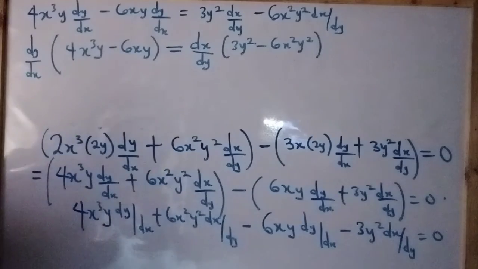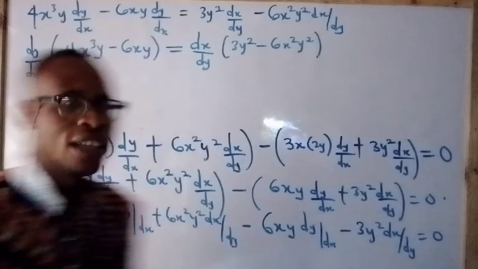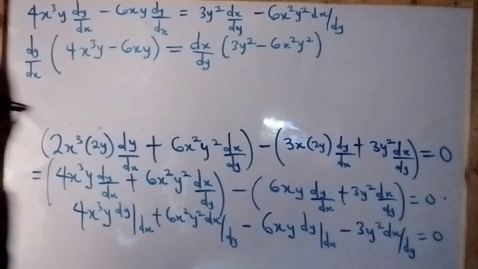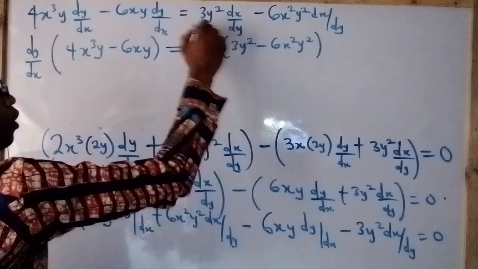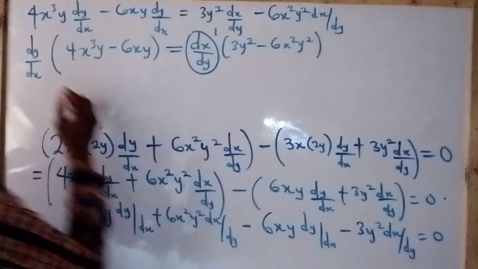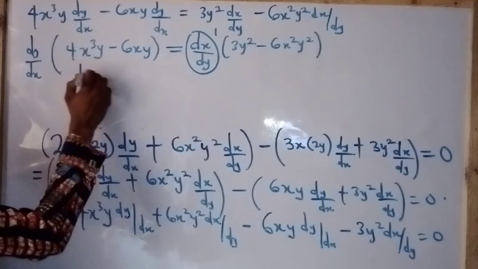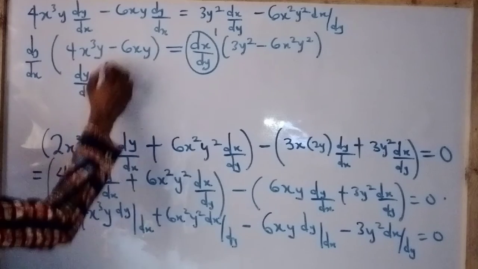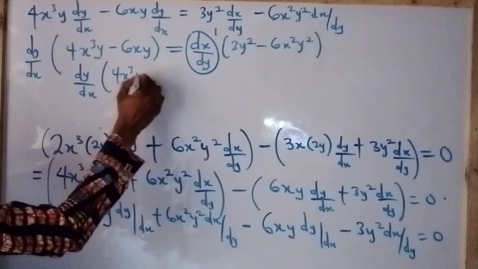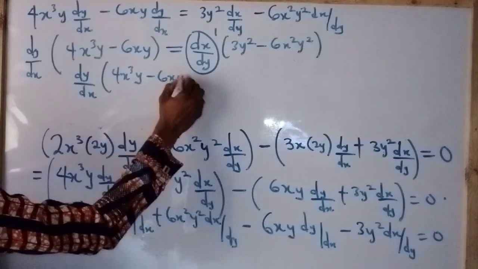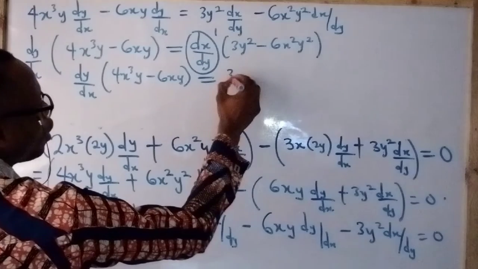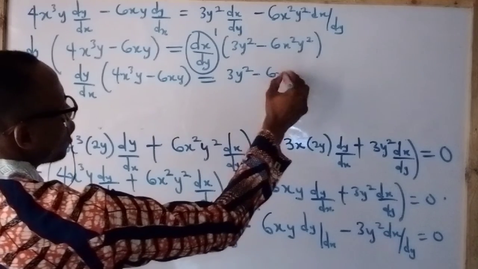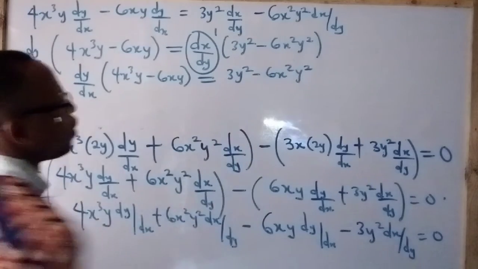But since we are looking for dy/dx, you simply say let dx/dx be equal to 1. So if it is equal to 1, that means everything here becomes 1. So 1 times this, we now have our final answer as dy/dx, 4x cubed y minus 6xy equals 3y squared minus 6x squared y squared.